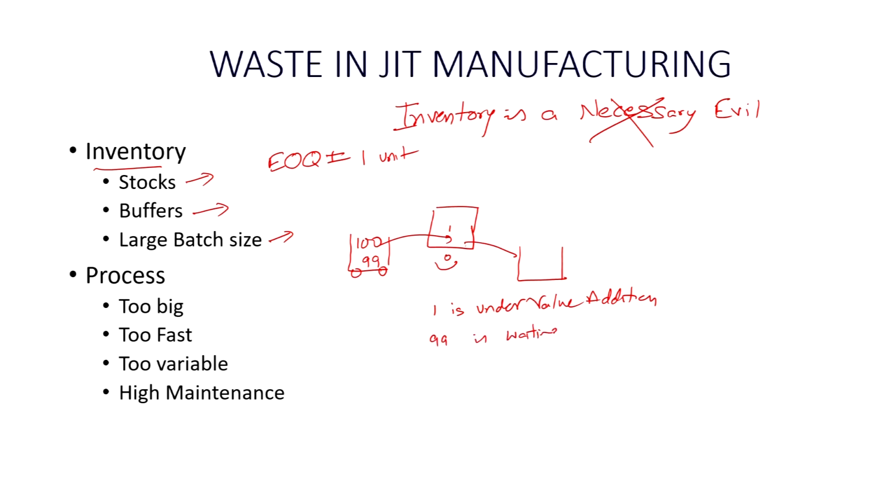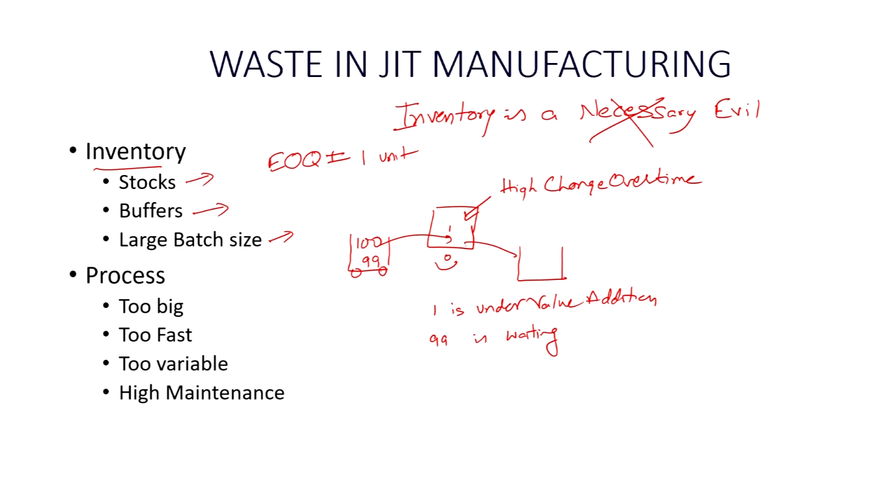And why are we producing in large batch sizes? Because of the high changeover time, high setup time. We have seen our economic batch quantity formula. If there is a higher changeover time, there is going to be a large batch size also.